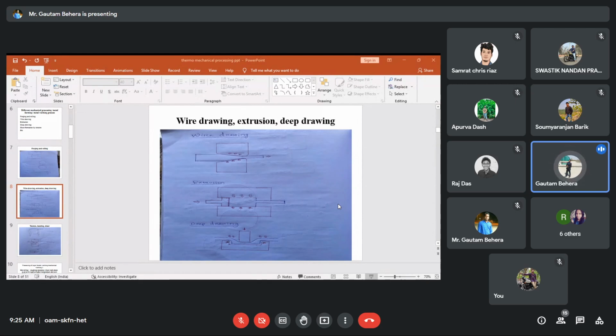It is not completely a compression exactly, but here at the contact point, the forces are compressive. Then deep drawing. You can see this is a particular die, and you put a sheet on it, and you press it, and it will take the shape. Again, at the contact point, the forces are compressive. So this is an indirect compression method.